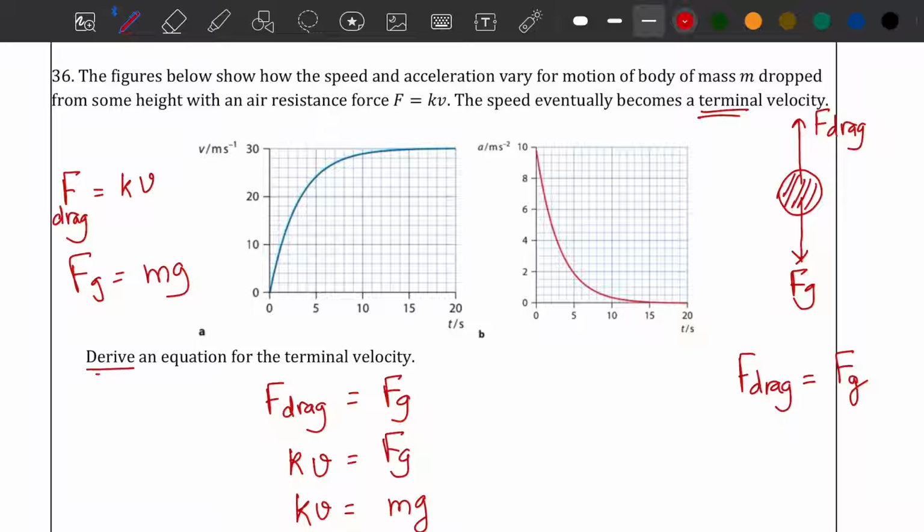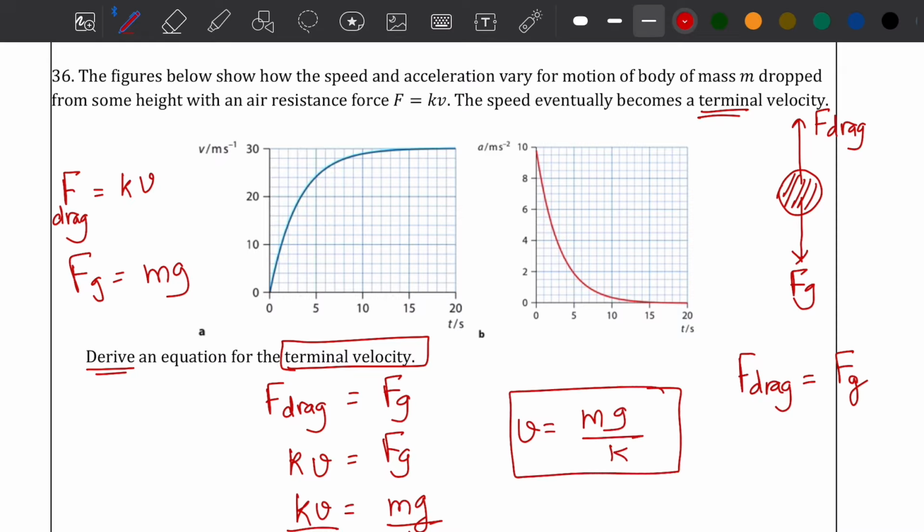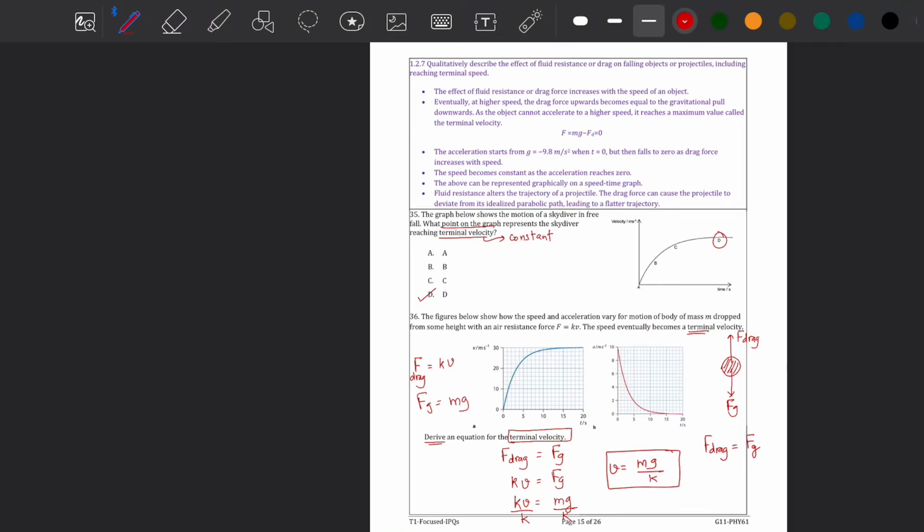Question is asking us to derive an equation for terminal velocity. So I want to keep v by itself, so I'll divide both the sides by k. So I get the formula for terminal velocity as mg over k.